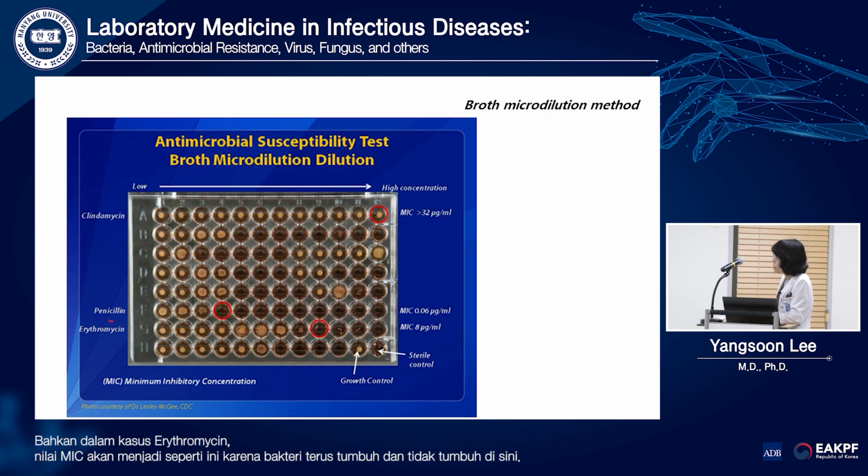In the case of penicillin, it grows, not grow. Does not grow here. So this is the MIC value. It's even in the case of erythromycin, so this is the MIC value. Because it grew all the way and did not grow here.